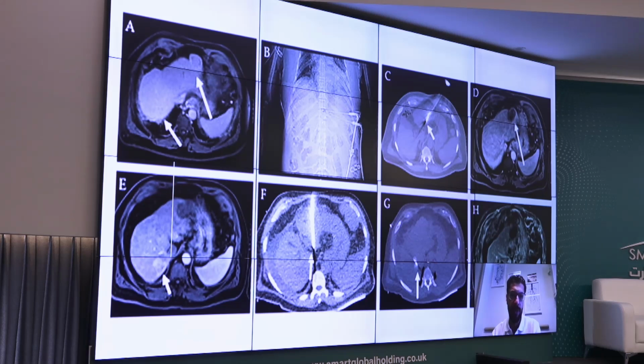So this is one of the cases that I treated. This patient was in a cirrhotic liver. As you can see, there was this lesion in the left liver. You can see a pseudocapsule. I ablated this. This is a follow-up. On the follow-up, more lesions were seen, one in segment 7 and one in the caudate lobe.